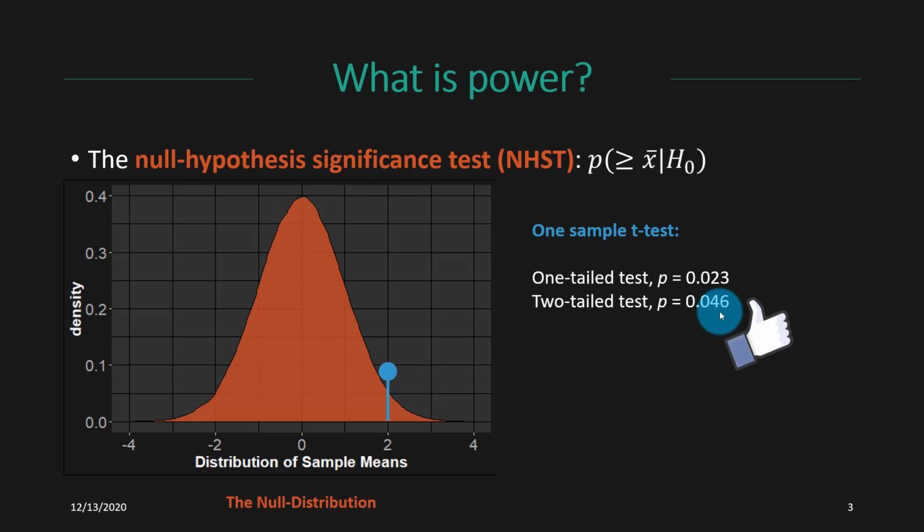If that is a little bit confusing, you can go back and watch the other videos on the null hypothesis significance test and the correct interpretation of the p-value. But this is in essence what we are doing anytime we calculate a null hypothesis significance test. We're assuming some kind of null distribution, and it's going to be centered almost always on 0. We can center it on other values if we're interested in those. In general, the distributions might get a little more complicated depending on the type of statistic we're interested in.